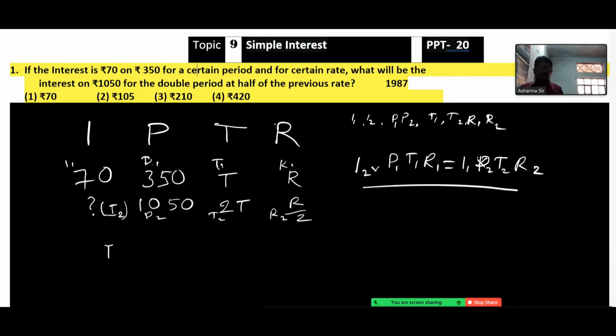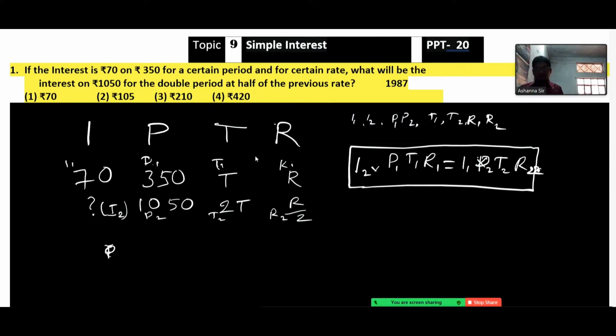This is the relation formula among these I1, I2, P1, P2, T1, T2, R1, R2.